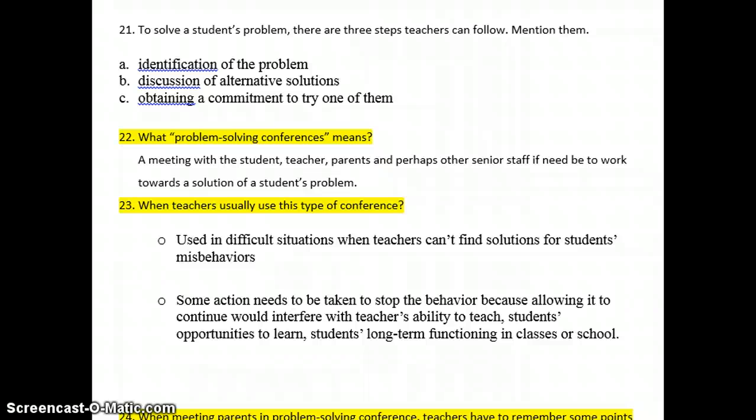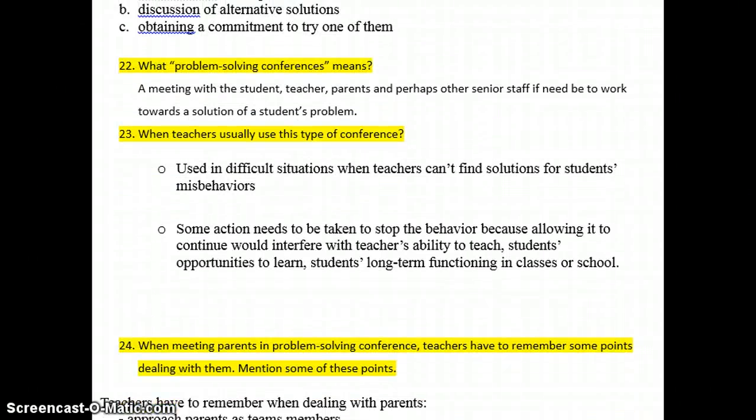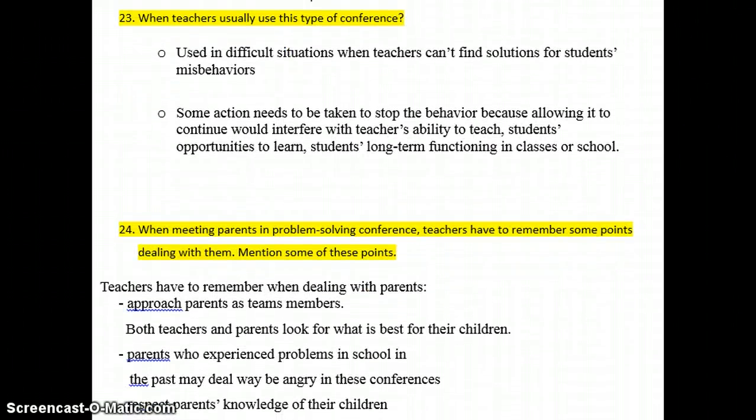22. What do problem solving conferences mean? A meeting with a student, teacher, parent, perhaps other senior staff if need be, to work towards a solution of a student's problem. 23. When do teachers usually use this type of conference?